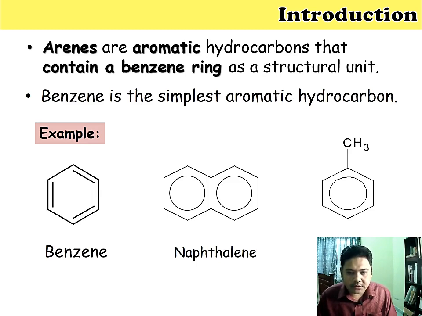If there is no other element besides carbon and hydrogen, we call it an arene. That's why arene is called an aromatic hydrocarbon, and benzene is the simplest aromatic hydrocarbon.